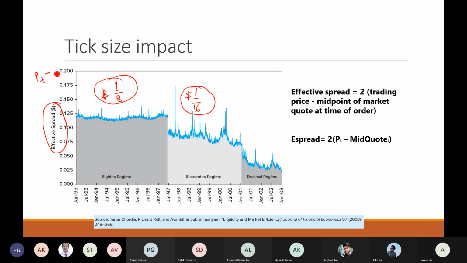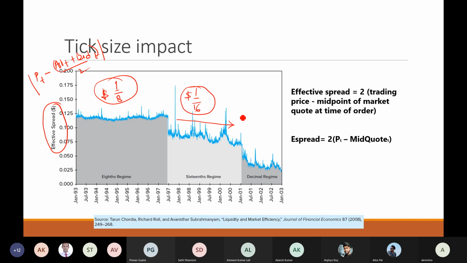Trading price minus mid quote. Mid quote means ask price at time t plus bid price at time t divided by 2, and this is an absolute value. So basically the effective spread in terms of dollars came down. It means liquidity has improved basically.